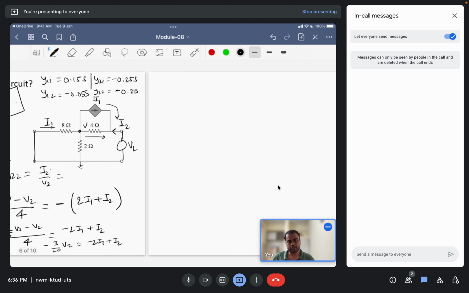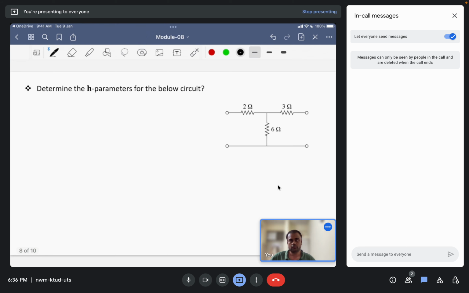So let us move to the next problem. The next problem here is we have to calculate the H parameters for the below circuit. So let us calculate H11, H21, H12 and H22. H11 is equal to V1 by I1 given V2 equal to 0.